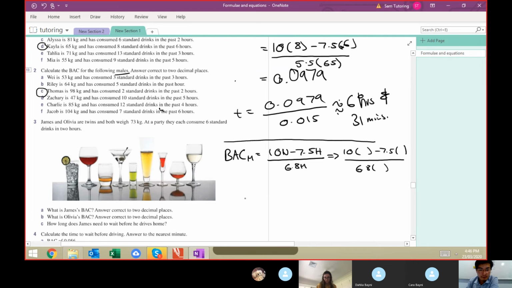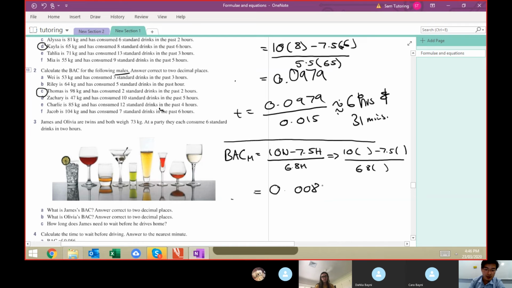Did anyone get the BAC value for this person? I got 0.007.